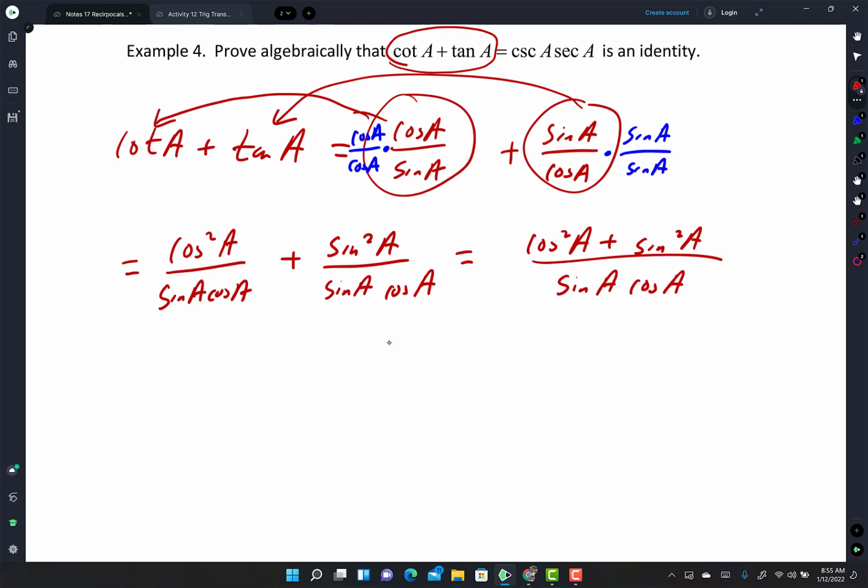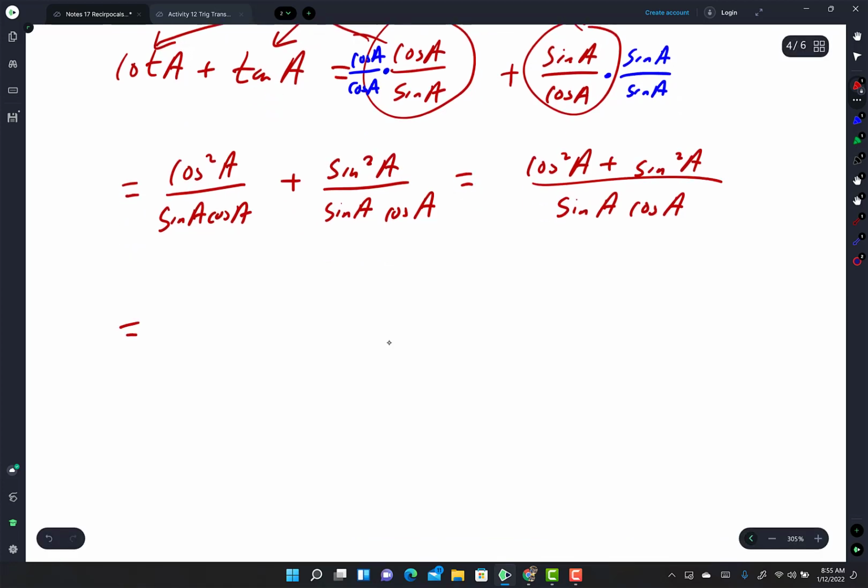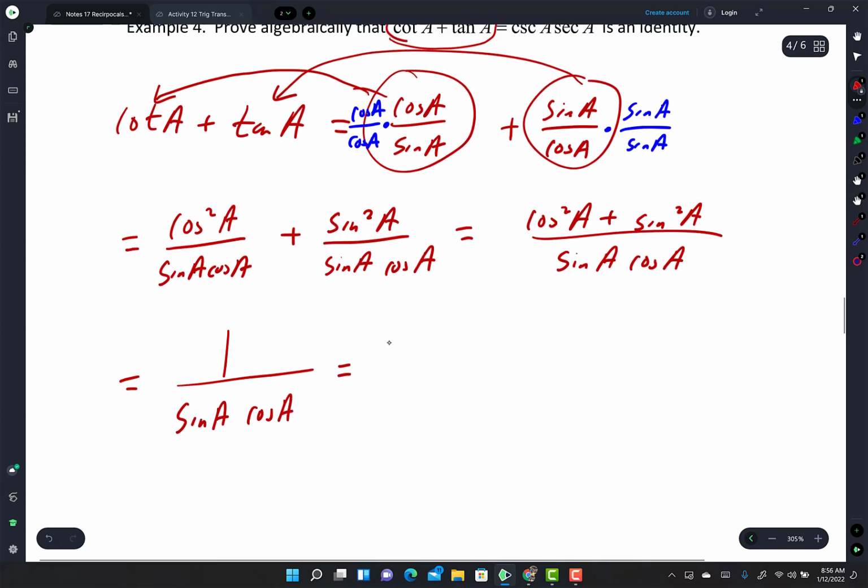Is that an identity? Yeah, what is it? It equals 1, because we proved that. Cosine squared plus sine squared, that's just 1. So we're going to write 1 over sine A cosine A. That's still not the answer it says. Well, relax, guys. We still need to do one more step.